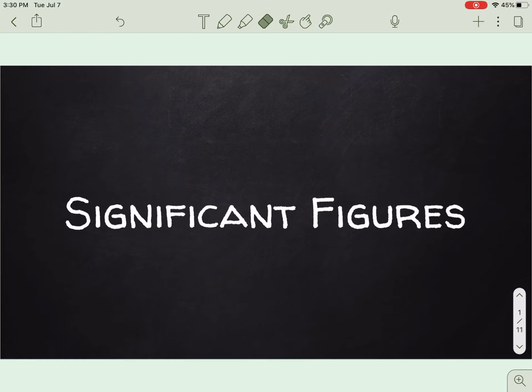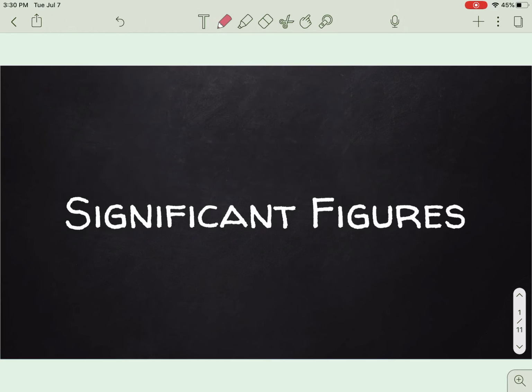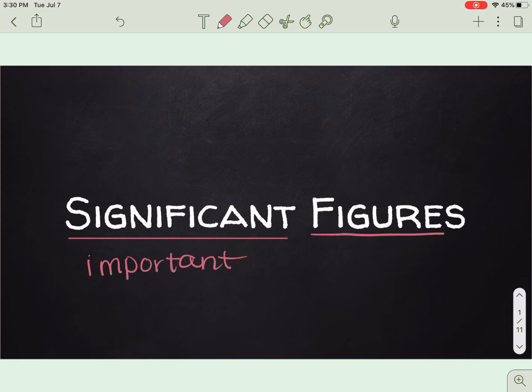So let's start with the idea: what are significant figures? Let's unpack the term. Significant, as you can imagine, means important. And figures is not actually referring to shapes or pictures or anything like that.